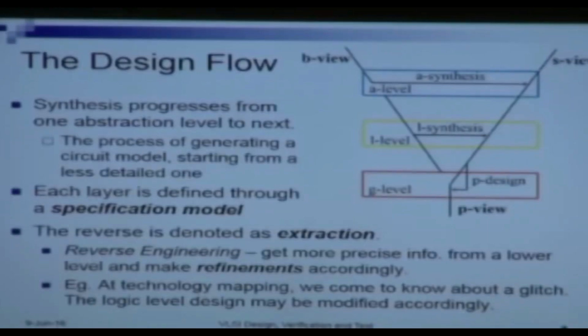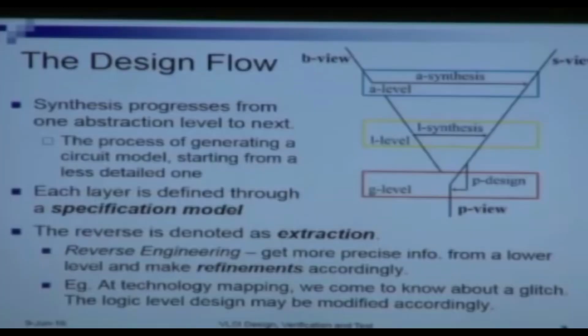So we saw the behavioral view, the structural view and the physical view. And we saw that the design goes through steps which are known as synthesis. We saw a few important synthesis steps: architectural synthesis, logic synthesis and geometrical synthesis or physical design.